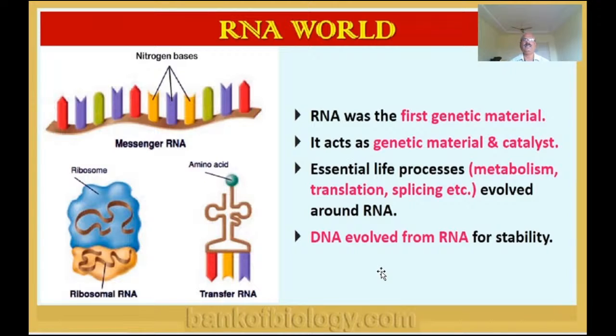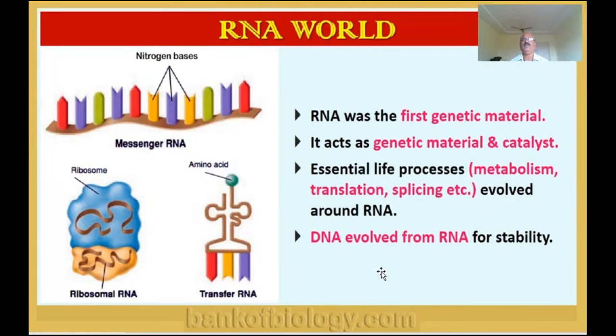It acts as genetic material and catalyst. But genetic material means in some organisms, not in all organisms. Essential life processes, that means metabolism, translation, splicing, etc., evolved around RNA. DNA evolved from RNA for stability.